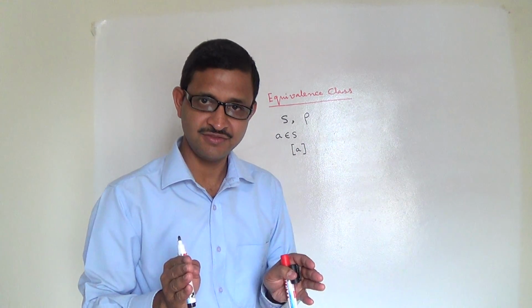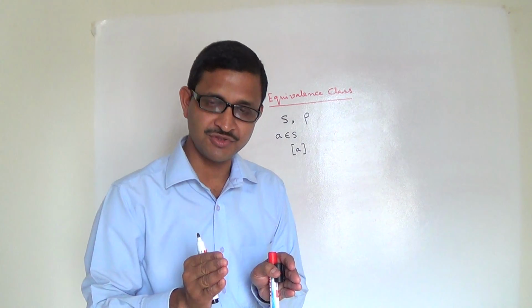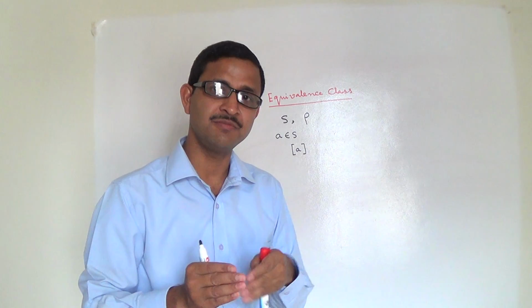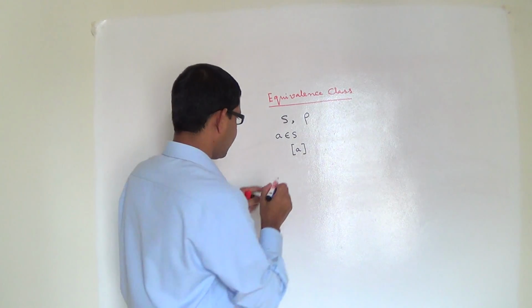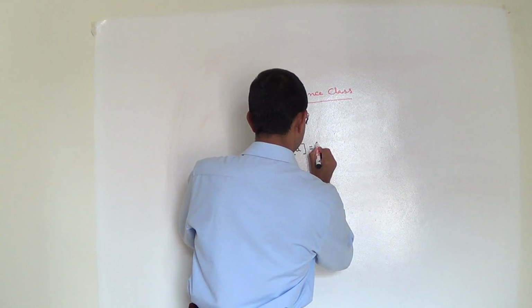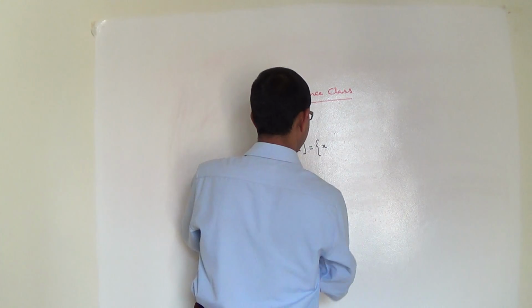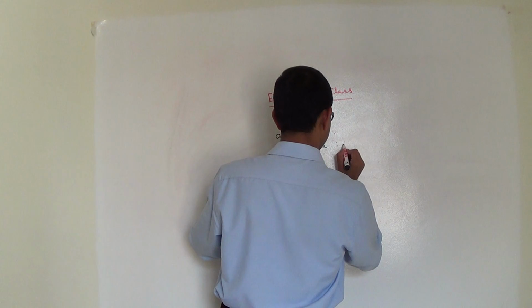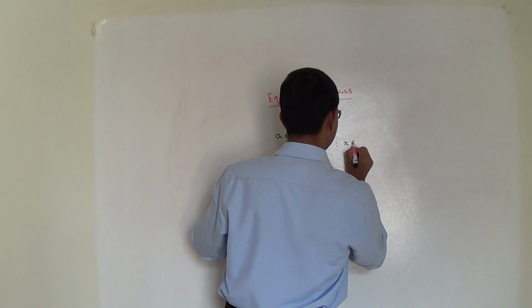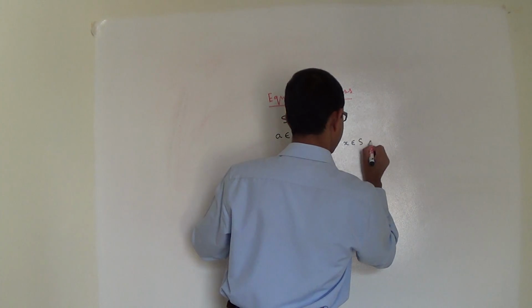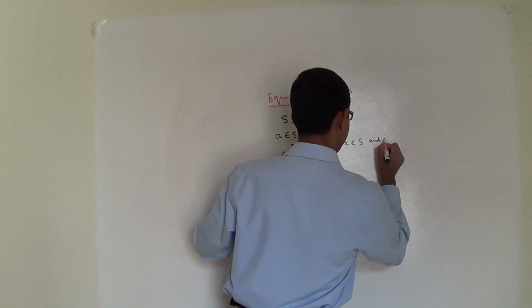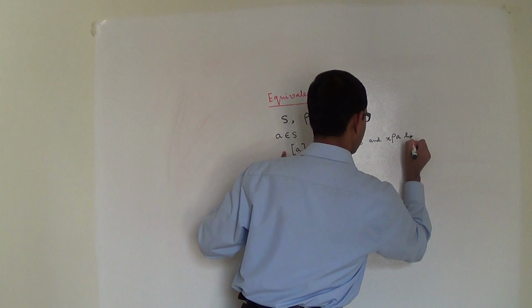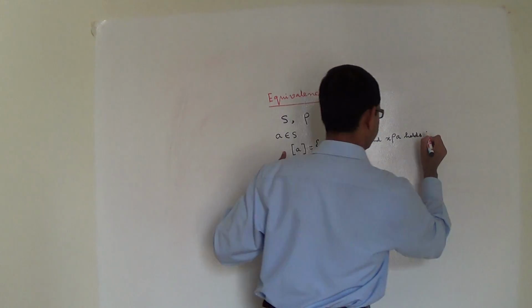Let's describe this in set builder form: the set of elements X such that X belongs to S and X rho A holds true.